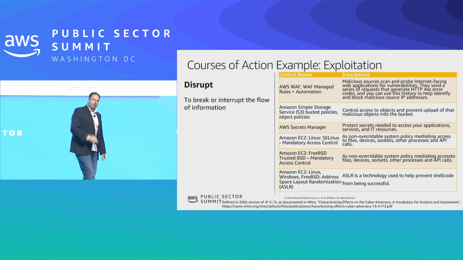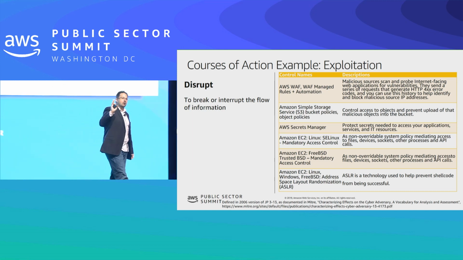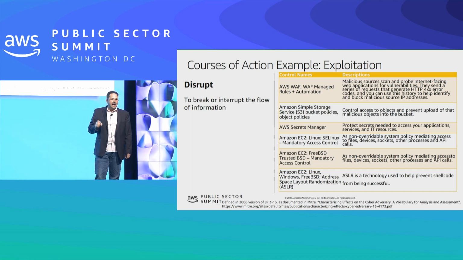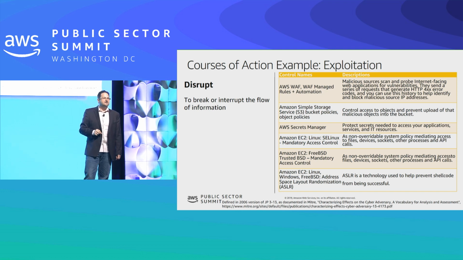Disrupt. The way to lower the ROI for attackers is to make their attacks, even if they're successful, inconsistent. So let's say they do have a malformed PDF that can exploit an unpatched vulnerability. What we're going to do is make sure that it will only be successful once every 255 times that they run it.